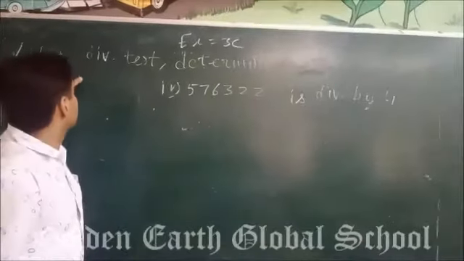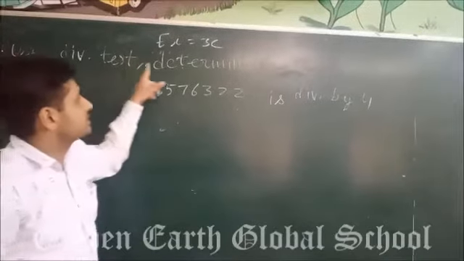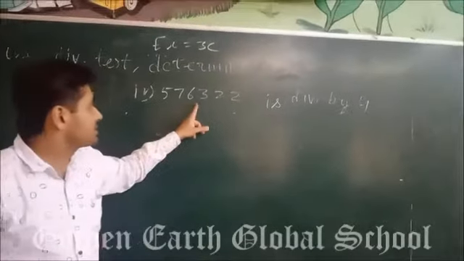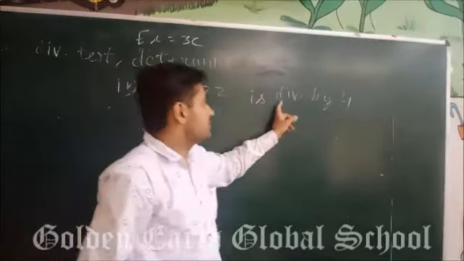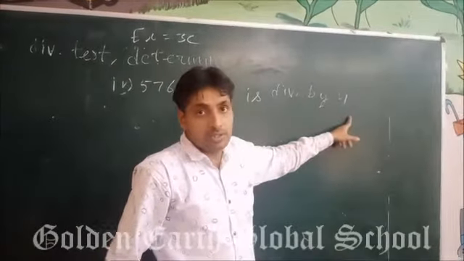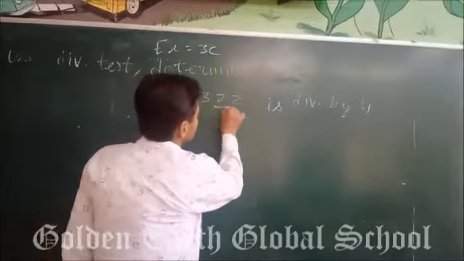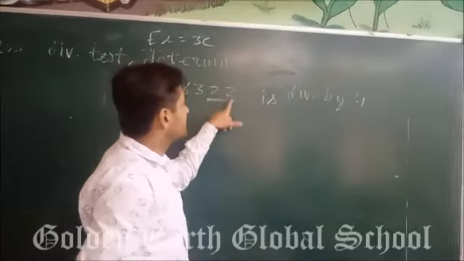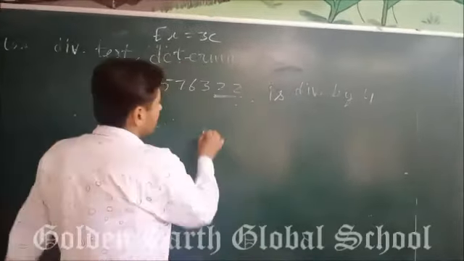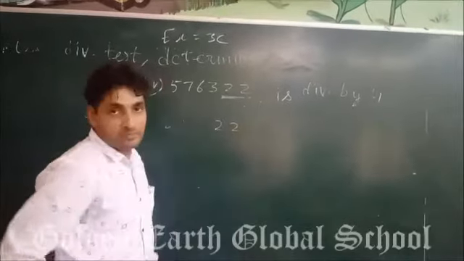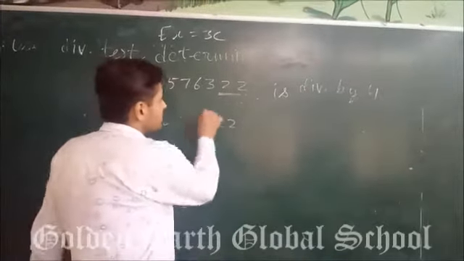Look at the seventh question. Use divisibility test to determine whether 576322 is divisible by 4. In this divisibility rule you look at the last 2 digits, the unit digit and tens digit. So 22. Is 22 divisible by 4?